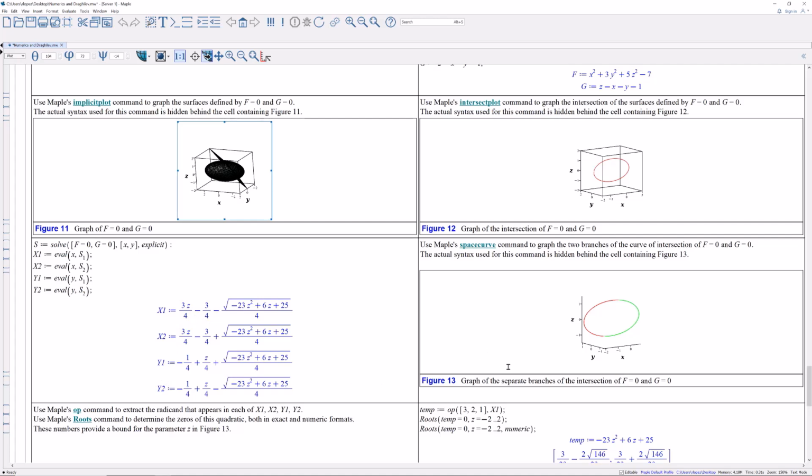Now, what are these four guys? You have an upper branch, so you have an x and a y, and a lower branch, and an x and a y. So this is what these expressions are giving you: upper, lower, upper, lower.